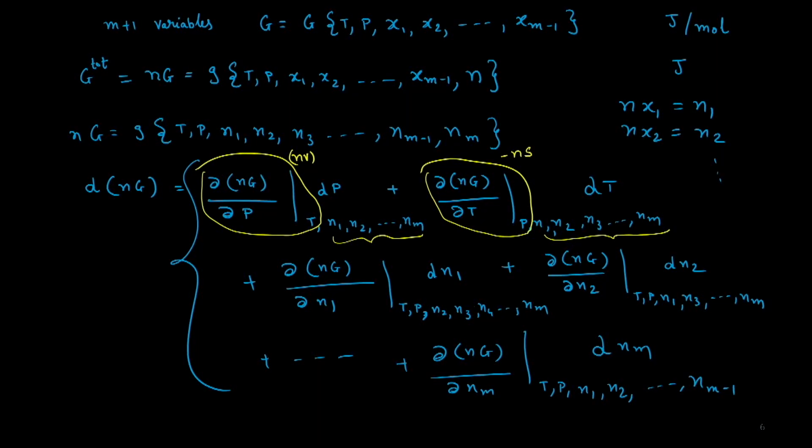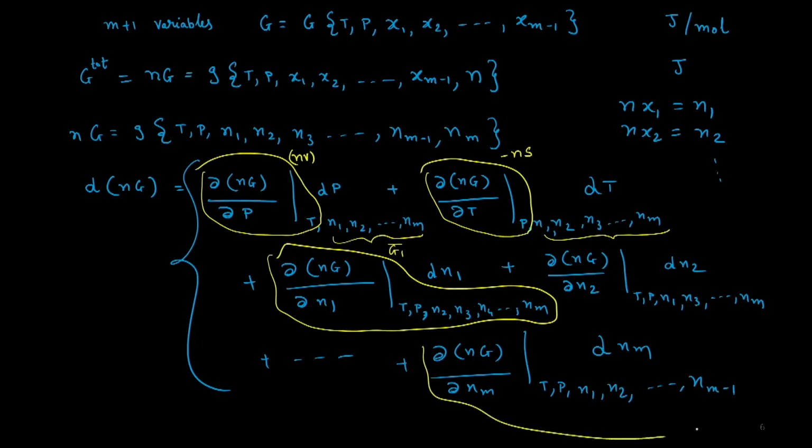And if you recall the definition of partial molar property, the derivative of nG with respect to n1, when you hold temperature, pressure, and moles of all the other chemical components constant except n1, then this term is what we call a partial molar property. In this case, it is partial molar Gibbs free energy, G1 bar.